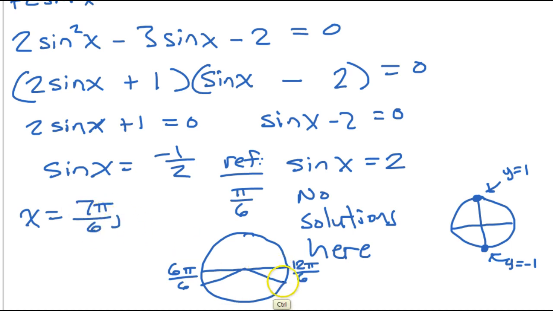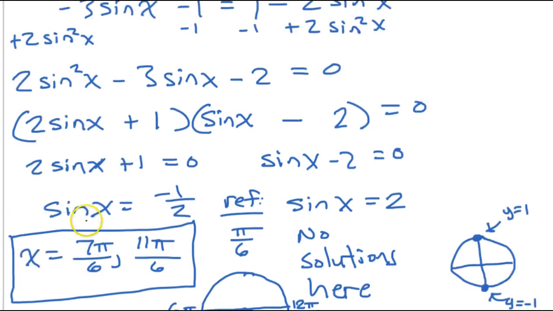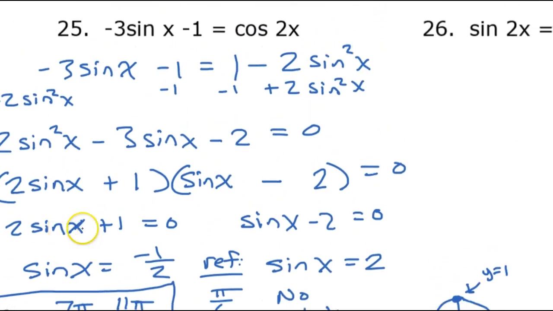And this one over here is one short of 12 pi over 6, so that is 11 pi over 6. So those are the two solutions for number 25.